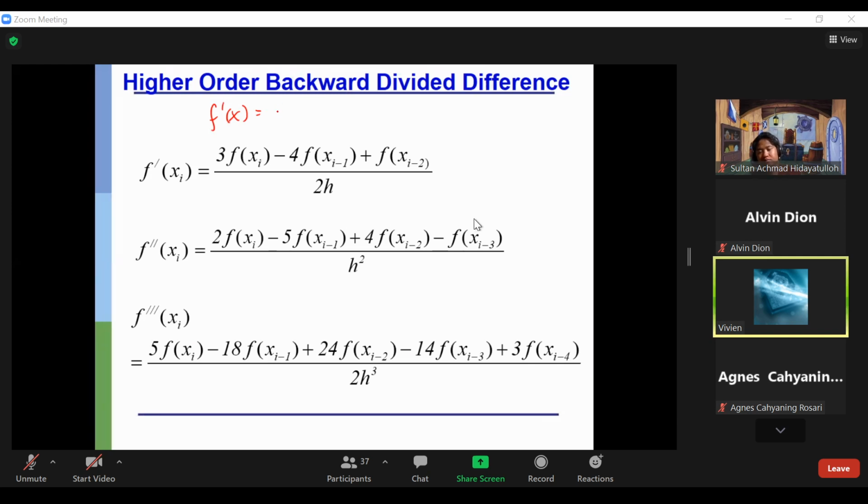For example, previously, if we want to find f'(x) at x using the backward scheme like this one, that will be f(x_i) minus f(x_{i-1}) divided by h. So that will be the gradient.